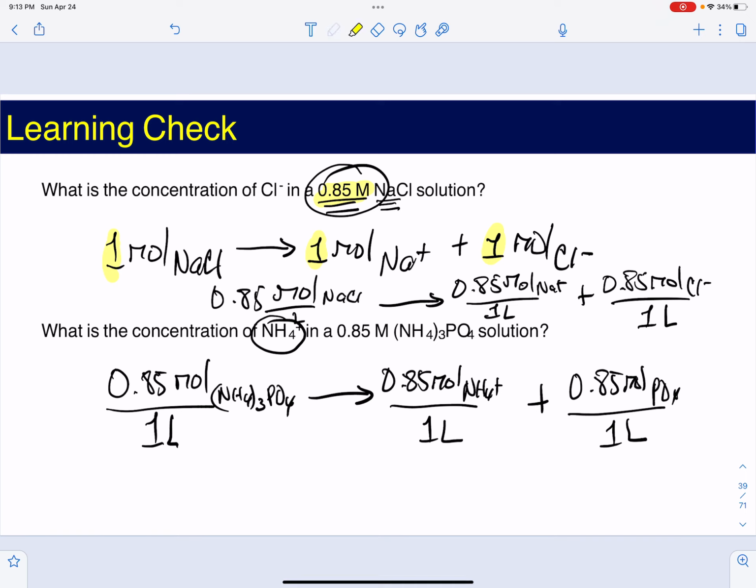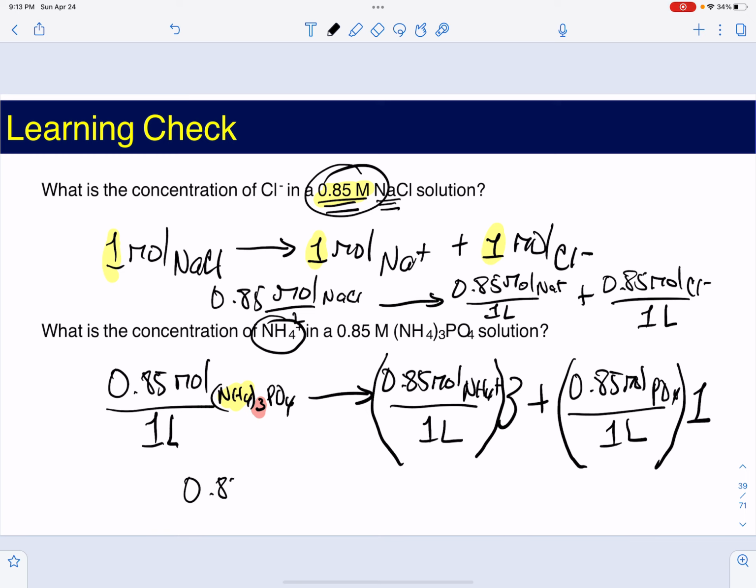However, notice that the ammonium is 3 to every 1 PO4. So this is going to be times 3, and this is going to be times 1. So the molarity of the ammonium is going to be 0.85 molar times 3, which is going to be 2.55 molar.